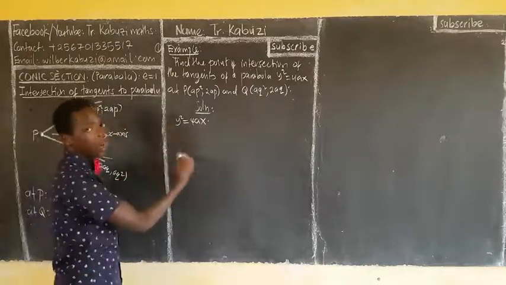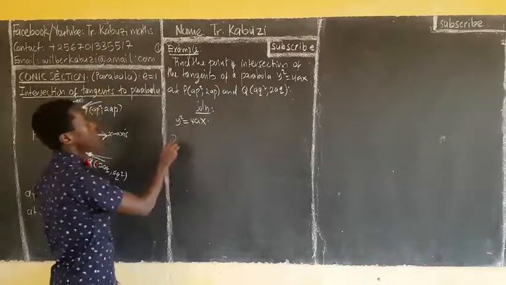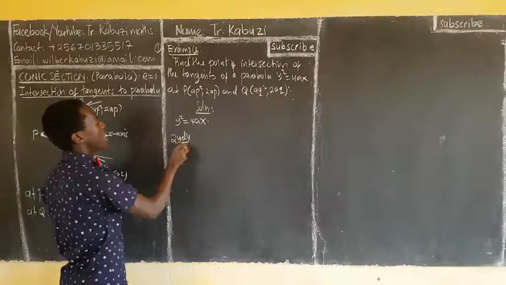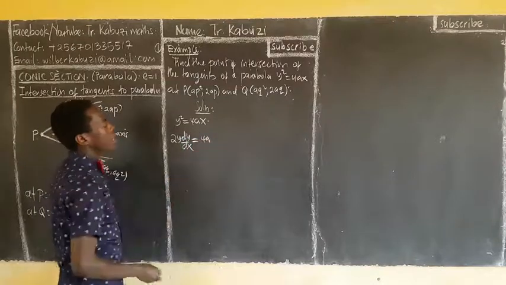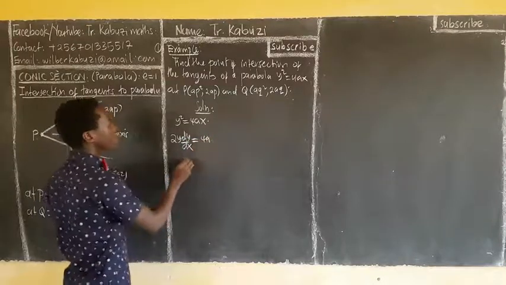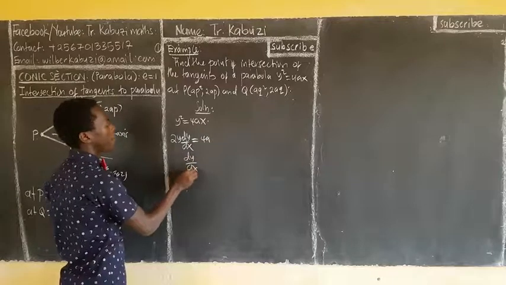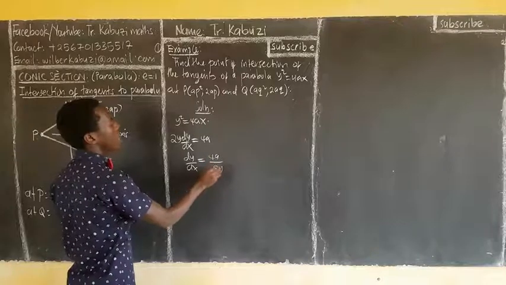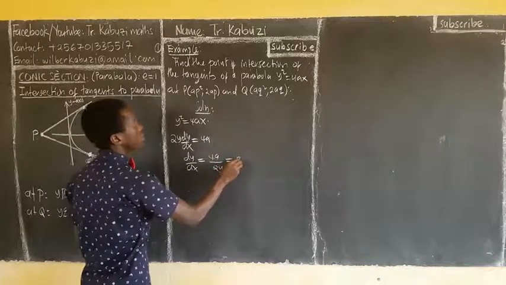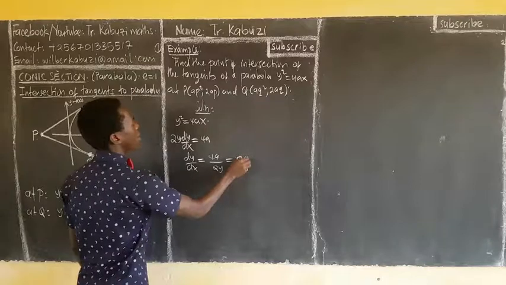So now let us get the gradient of this curve. I'll say 2y dy/dx. If I differentiate, this side I get 4a. Divide through, so that my dy/dx will be 4a over 2y, which will be 2a over y.